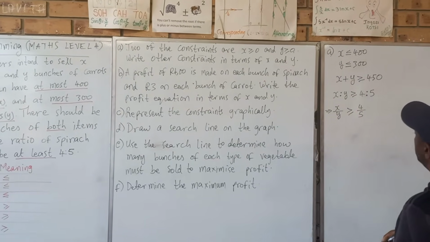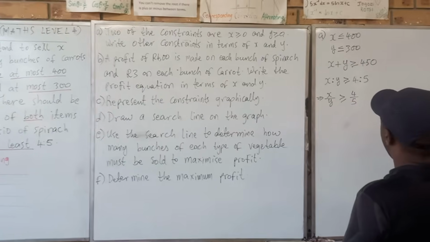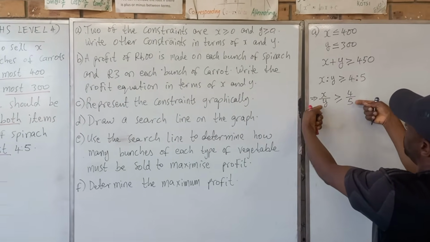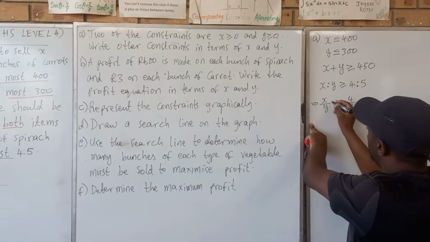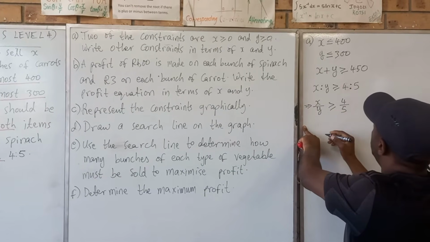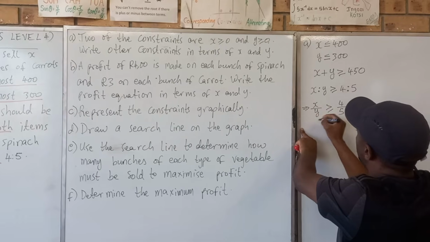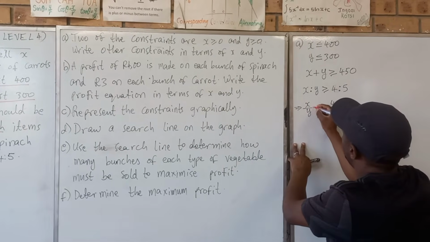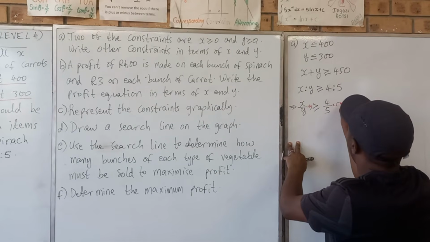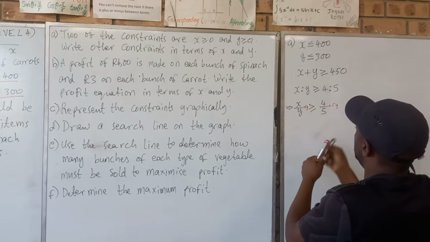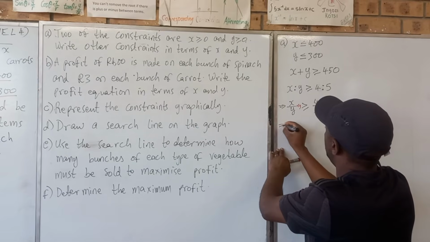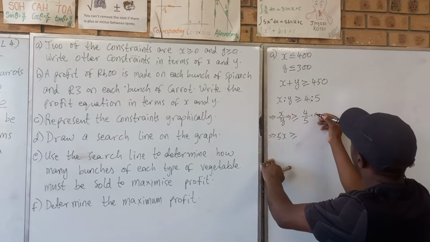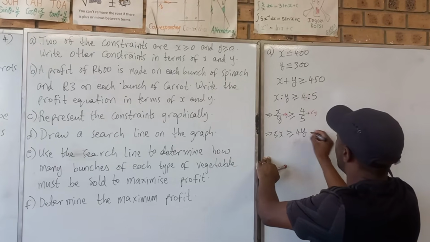Then from here, I will have to take the LCD. The LCD is 5Y, multiply the two numbers of the denominator and use it to multiply the left and the right. So if I multiply this side by 5Y and that side by 5Y, Y will cancel Y. So on the left, I'll get 5X is greater than or equal to, 5 cancels 5, I get 4Y.